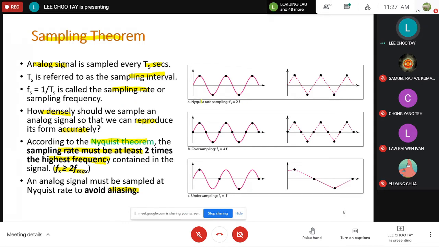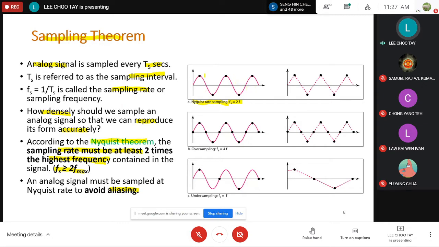The first diagram on the top shows you when we perform sampling at 2 times the frequency of the baseband signal. Here we have a very simple analog signal, which is a sine wave.